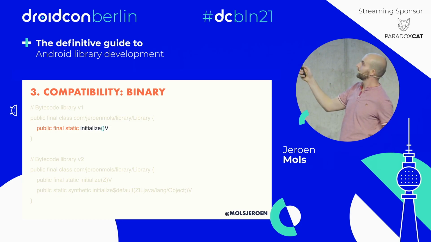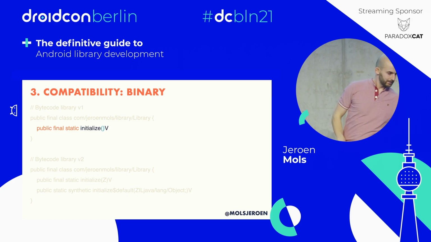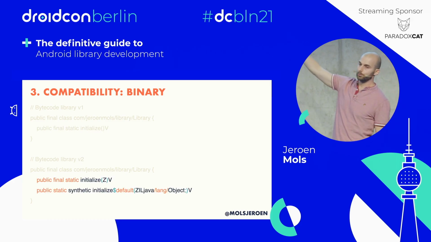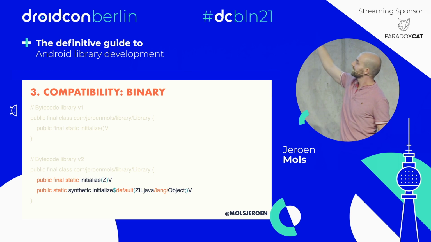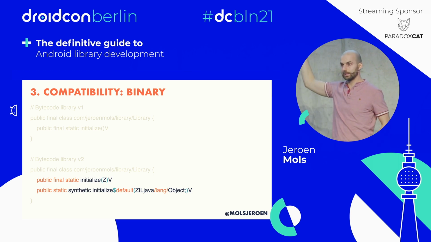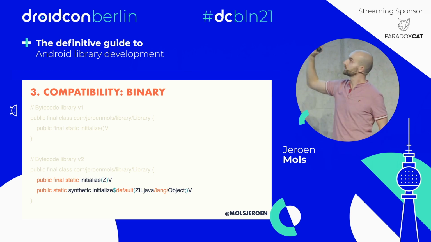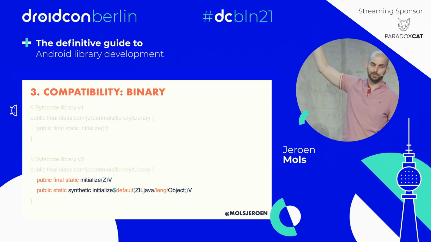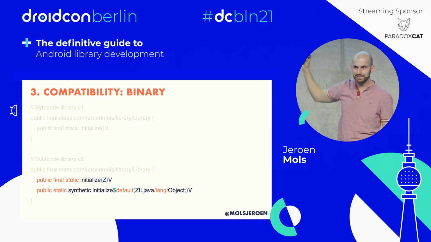If we now look at the bytecode of the second version, which has initialize with the default parameter, it has an initialize method which takes the Boolean parameter, and a method generated by the Kotlin compiler, which looks different from the parameterless initialize method. So it doesn't actually have the no-parameter initialize method. Even though they were source compatible, their bytecode looks different.